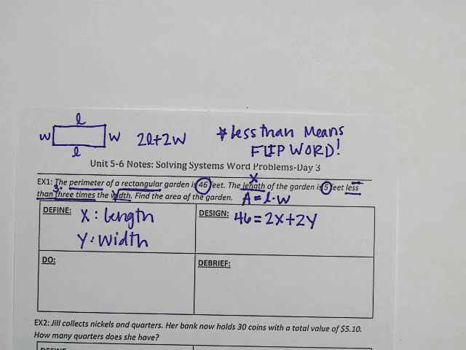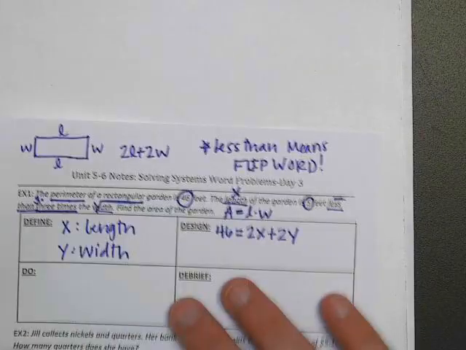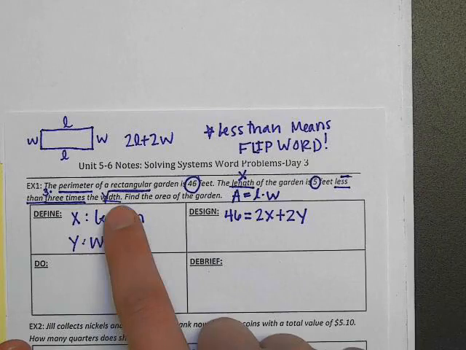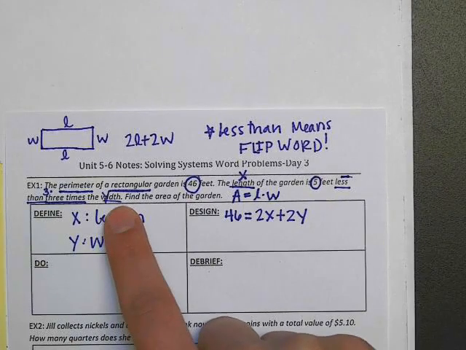I don't want you to write this right now. Just watch me write it. If I wrote this exactly how it looks, do I have a total in the sentence, the length of the garden is 5 feet less than 3 times the width? Is any of that a total?